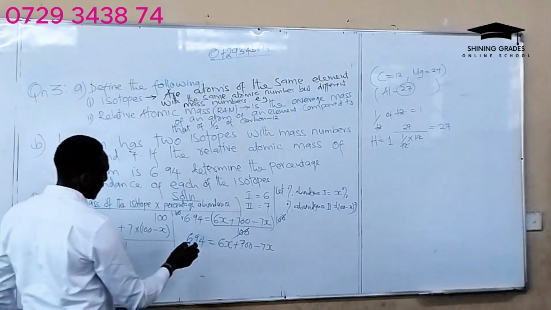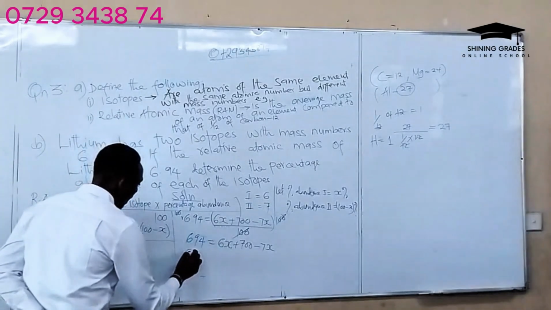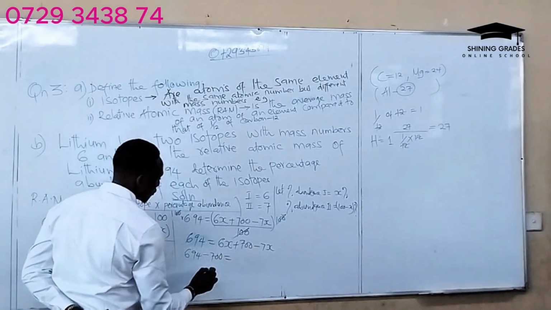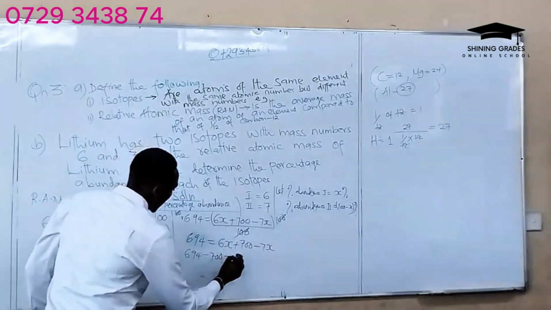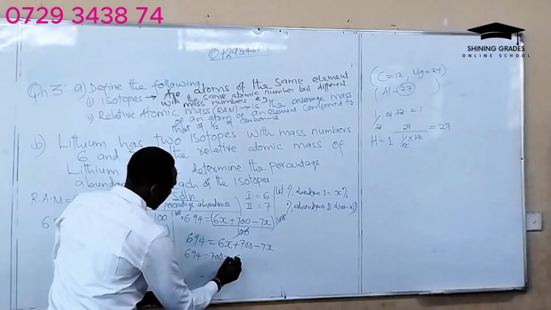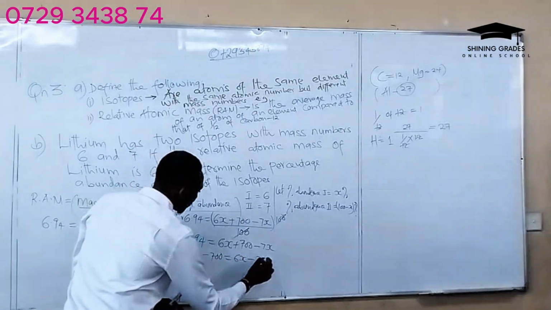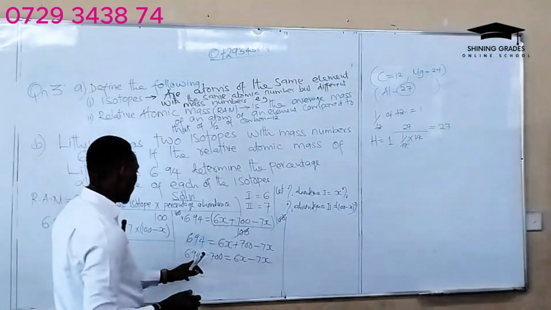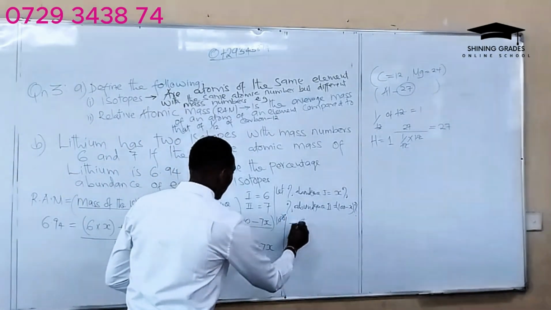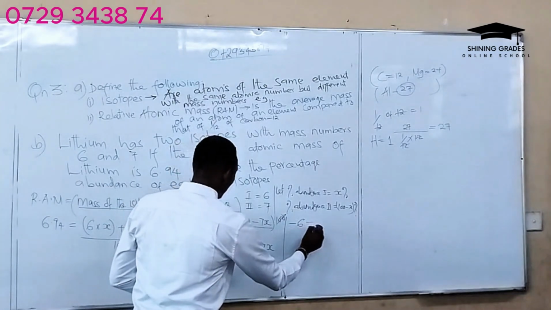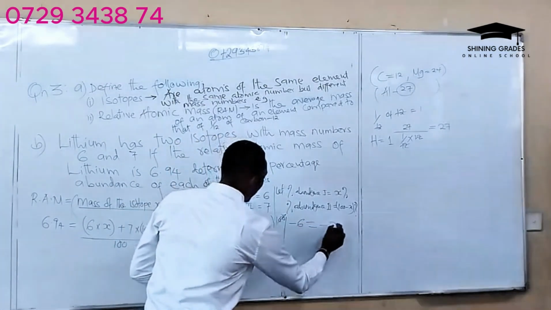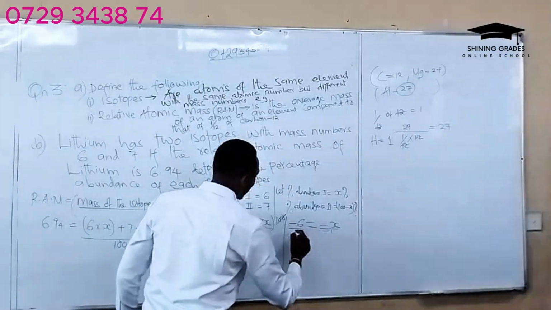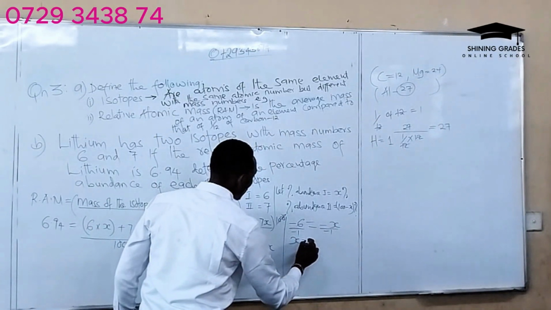So to proceed, I have 694 minus 700 equal to 6x minus 7x. So to simplify this further, I have negative 6 equal to negative x. So to get x, I divide by negative 1, negative 1. So x will be equal to 6.